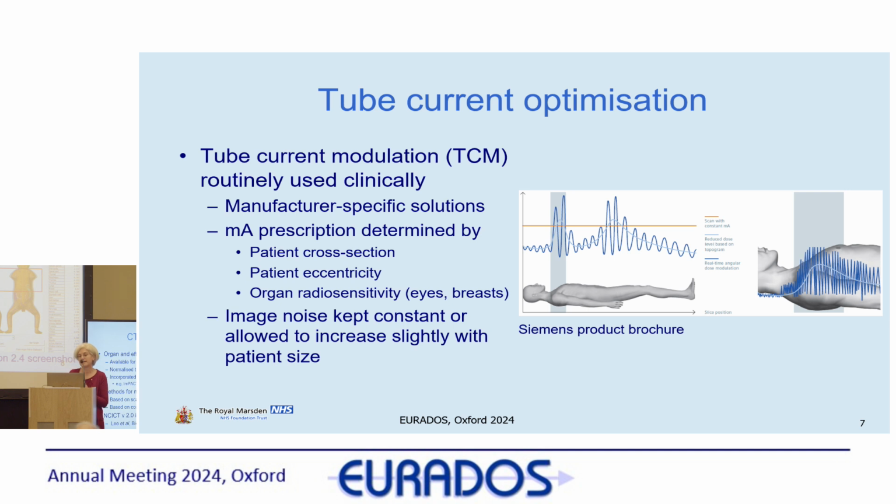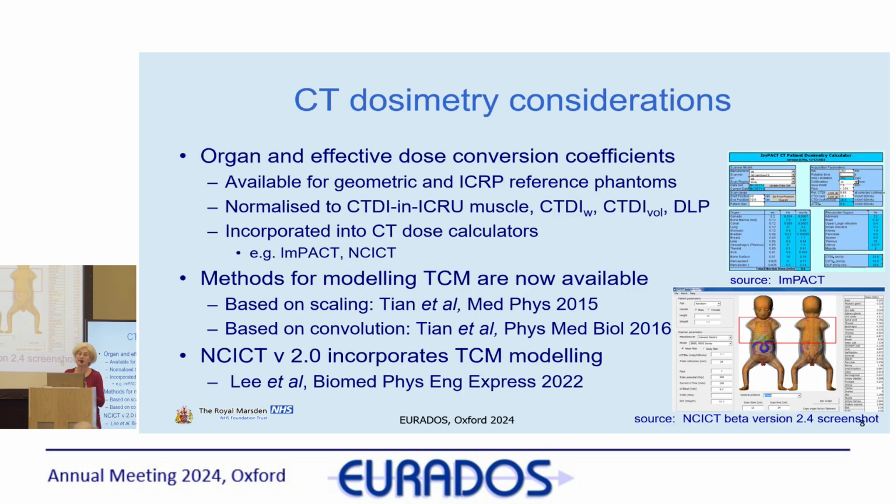And the second technique is based on convolution of the dose conversion coefficient function with the tube current function. And I understand that NCICT version 2 incorporates tube current modulation, and Nina also referred to this functionality in her talk about the ICRP dose calculator. So that's great news for us in the clinic.